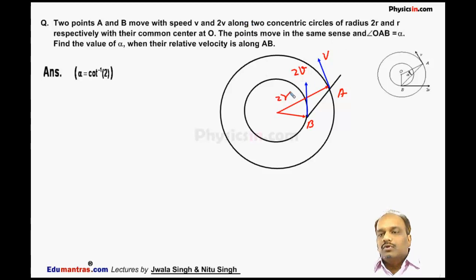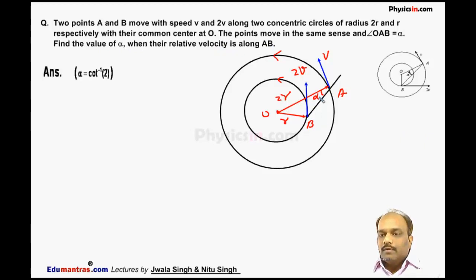This radius is 2r and this radius is r. The points move in the same sense. A and B are both moving in the same direction. If angle OAB is alpha, this angle is alpha, it is given. Find the value of alpha when the relative velocity is along this line AB.